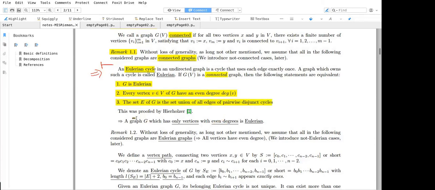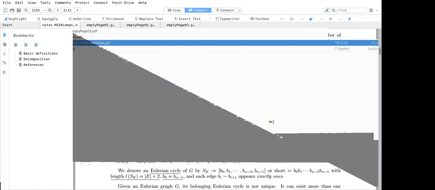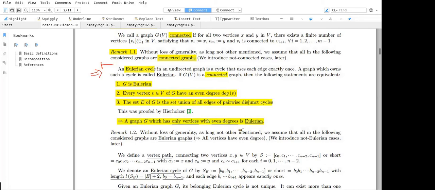What we will use is this characteristic that every vertex has an even degree, and so that's the point where we have to look for.